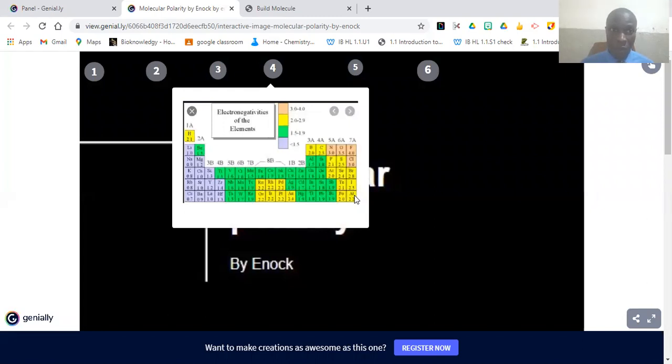As you move up, electronegativity goes high. As you move down, it goes low. But again, that is as you move from one period to another, just downwards. But as you move across the periodic table, from left to right, electronegativity increases. That is an aspect that you need to master.